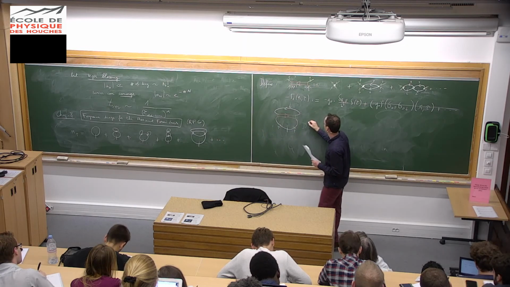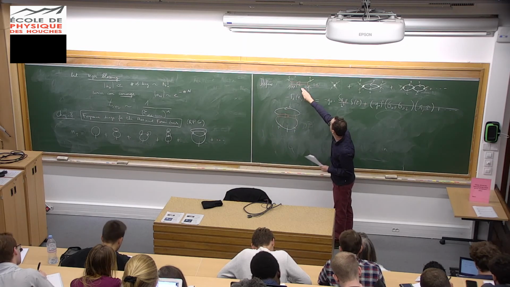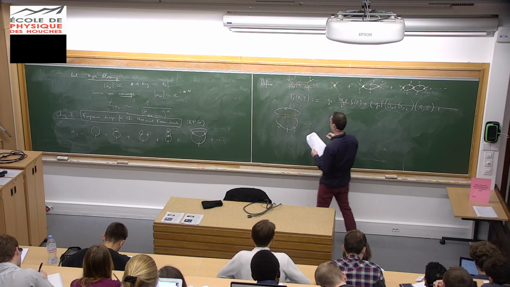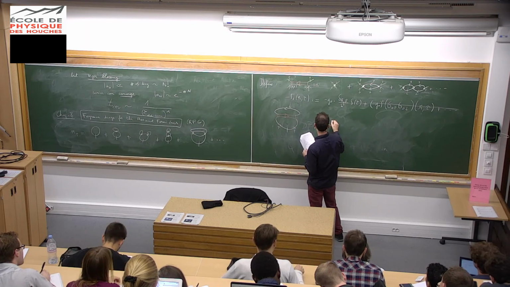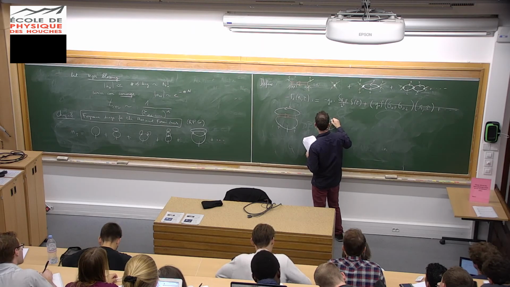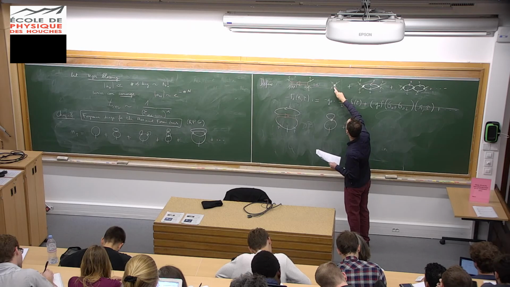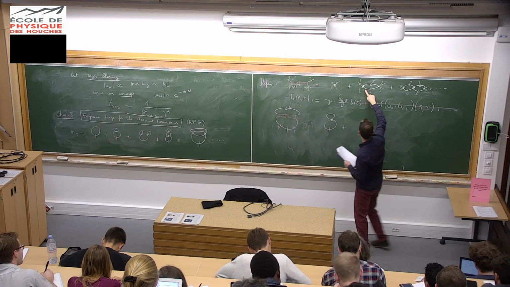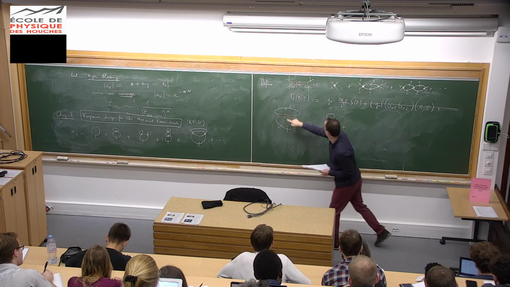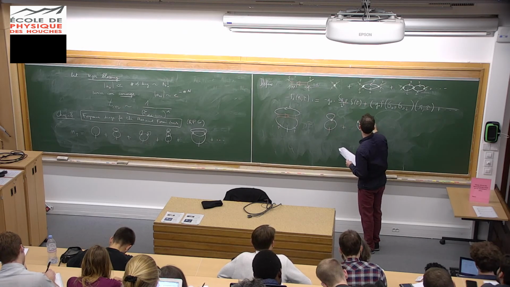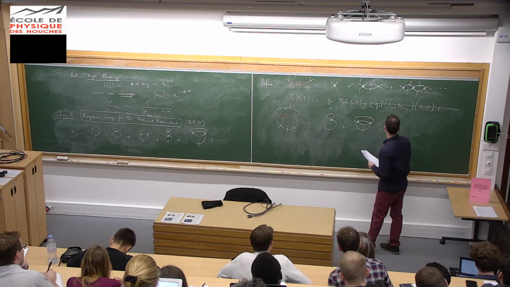So this is nothing else. If I substitute this thing in here, I get that this diagram is equal to the sum of the following diagrams. This one. So this is if I substitute this in here. Then if I substitute this thing in here, I get this diagram, etc.